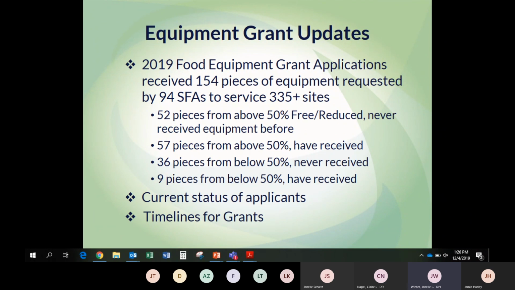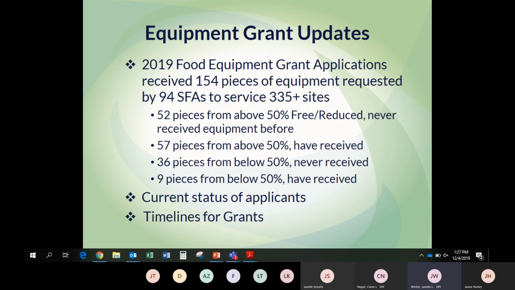So we had a high volume of applications this year, and we changed the process up. As you can see, we rank our pieces by the highest free and reduced who have never received equipment before, each site that's never received equipment, and then we go to highest free and reduced that have received equipment, and then we rank them below 50% free and reduced.